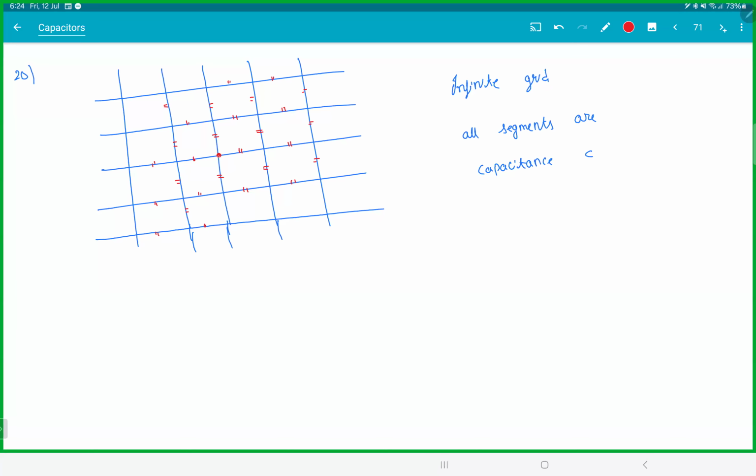So choose any point here, A, and choose this point here, B. Means you're connecting the battery between A and B. Find C_AB. Think for a minute, then I'll show you there's a way to do these kinds of questions.